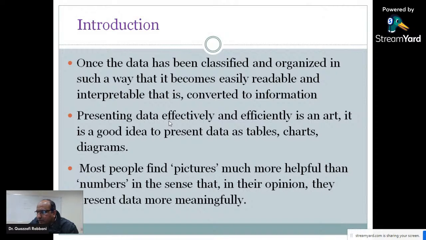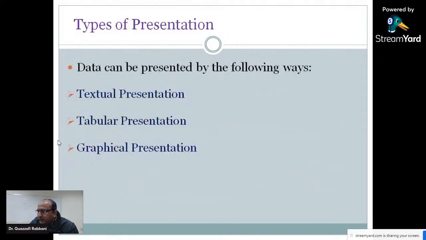It is a good idea to present data as tables, charts, and diagrams. Most people find a picture much more helpful than numbers. In their opinion, pictures present data more meaningfully. So data can be presented in different ways.